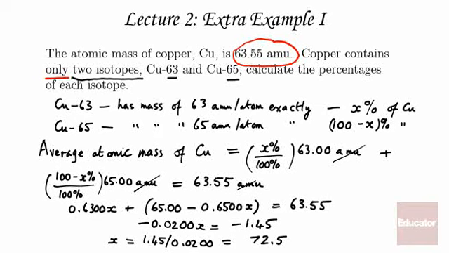So, our answer is as follows. We have 72.5% of copper 63 and the residue, 27.5% of copper 65. And that is the answer to our problem.